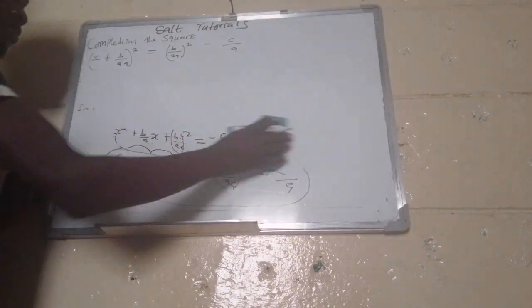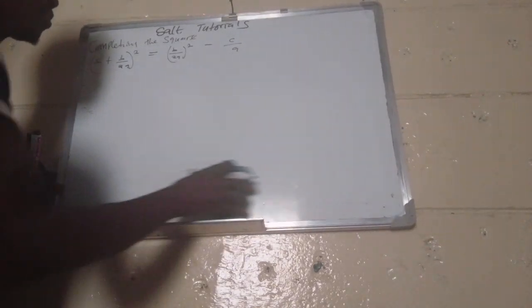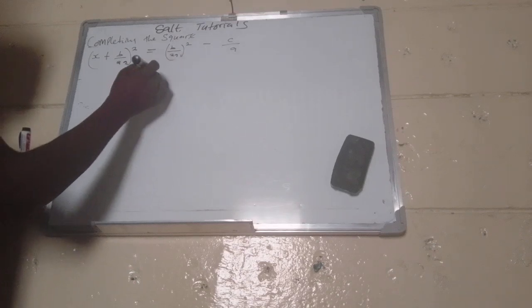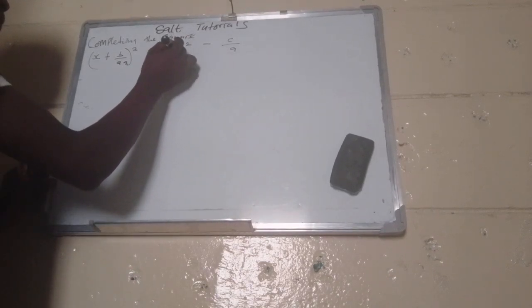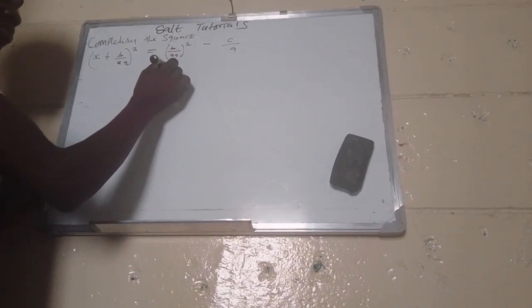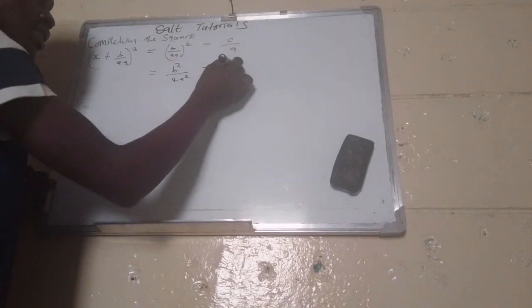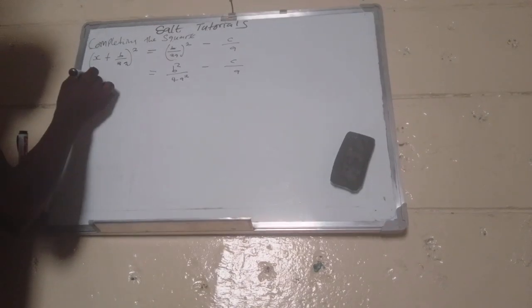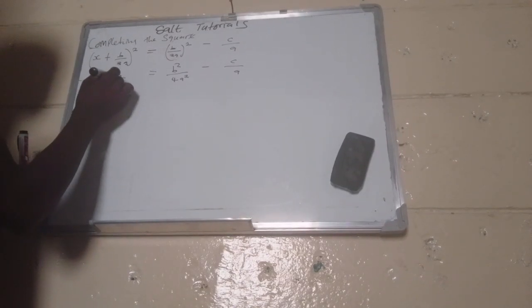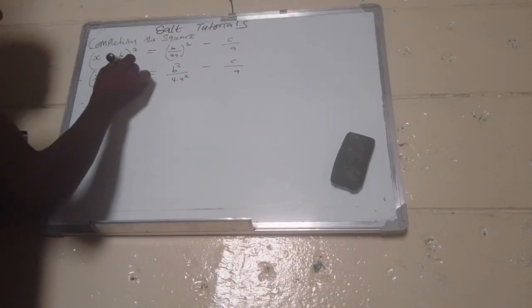This is what I have. Simplifying my right hand side, I square both the numerator and the denominator, so that I have b squared over 4a squared minus c over a. I still have (x plus b over 2a) squared.